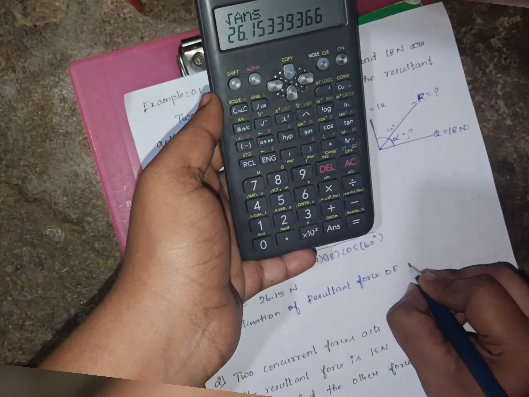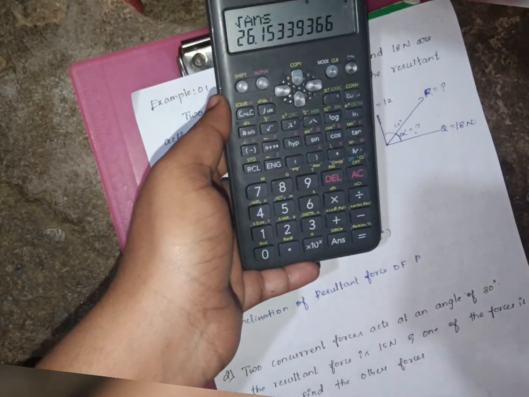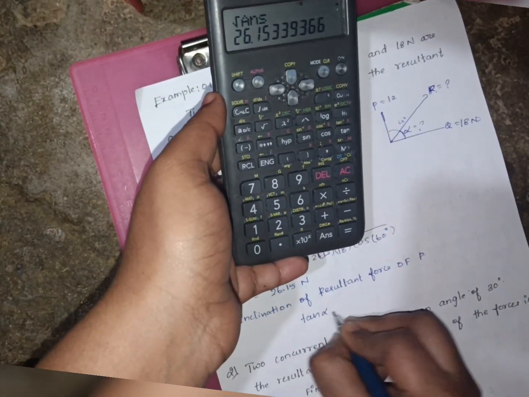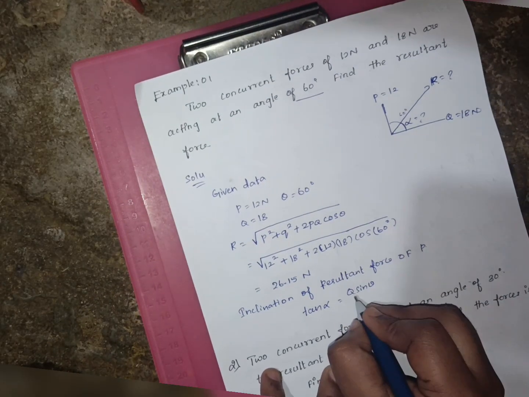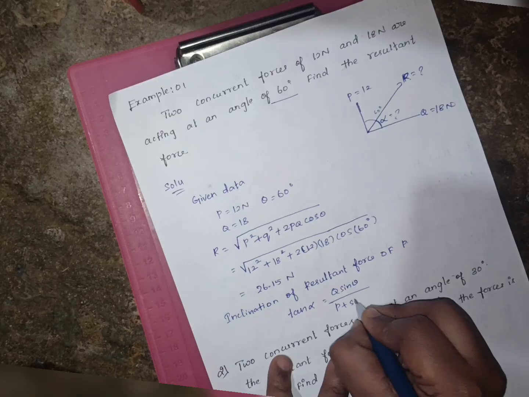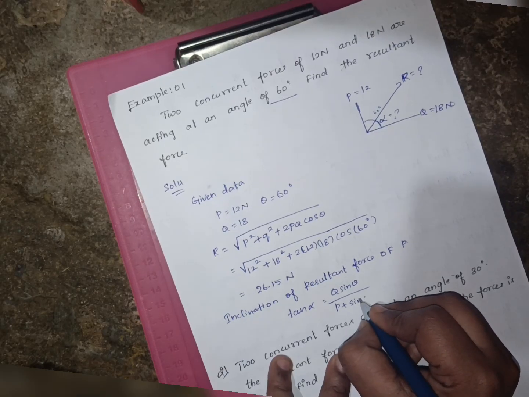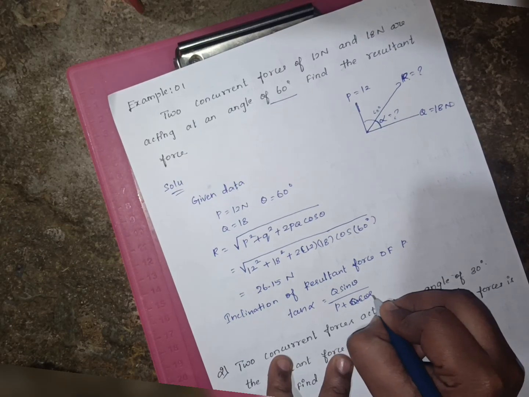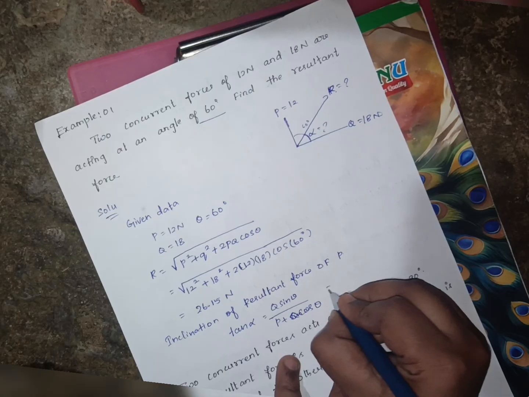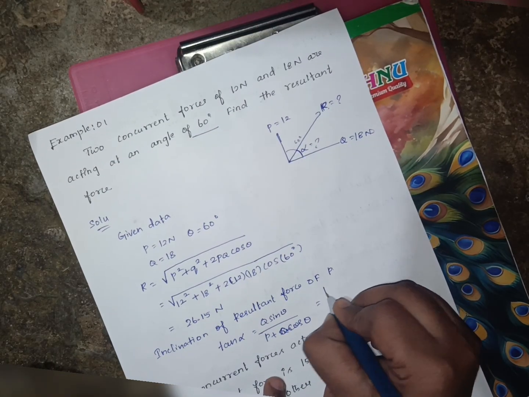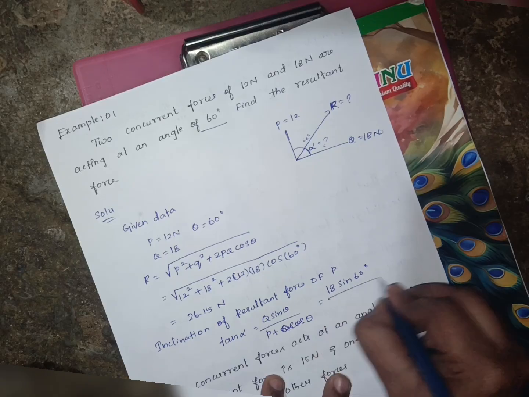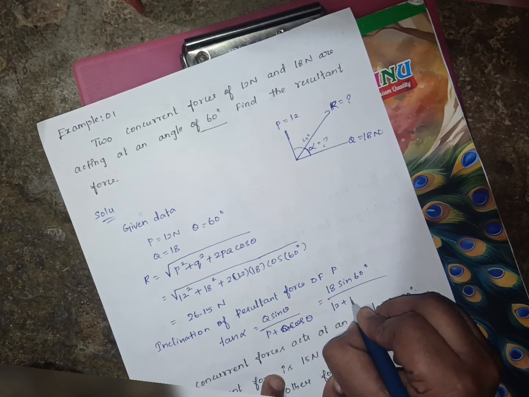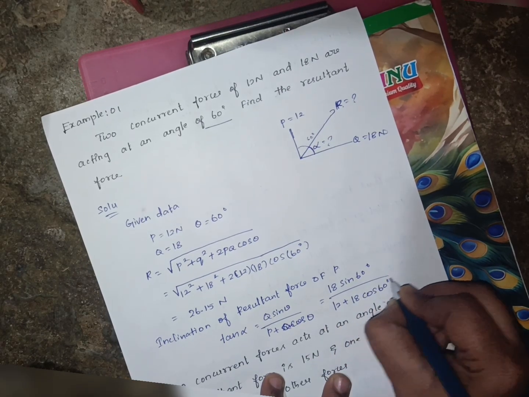And then we want to find the inclination of the resultant force. The formula is tan alpha equals Q sine theta divided by P plus Q cos theta. We know Q is 18, sine theta is 60 degrees, P is 12, cos theta 60.